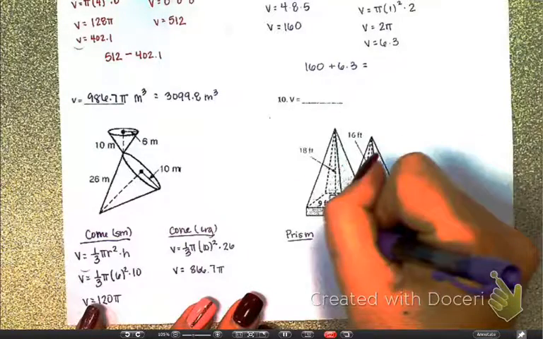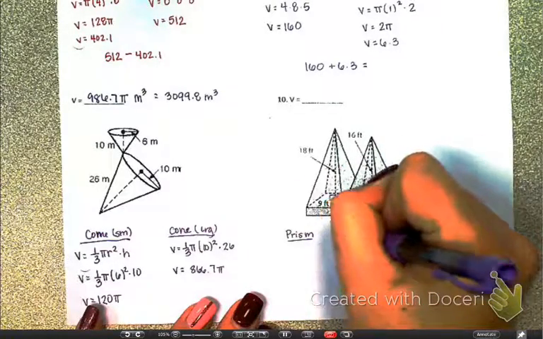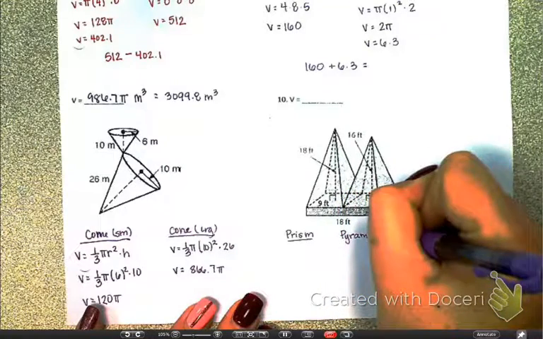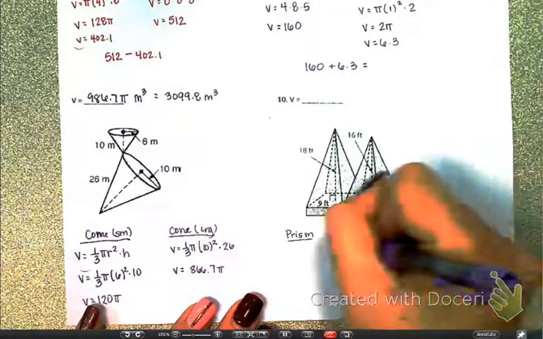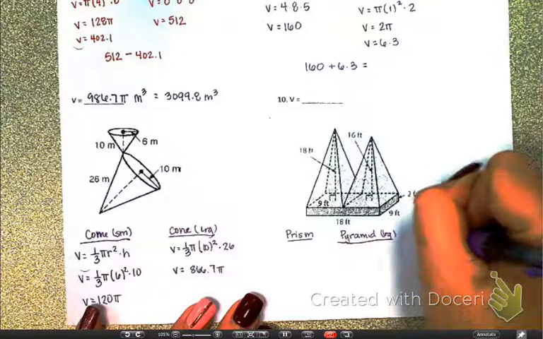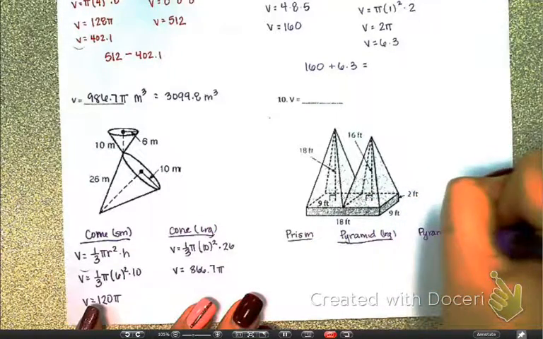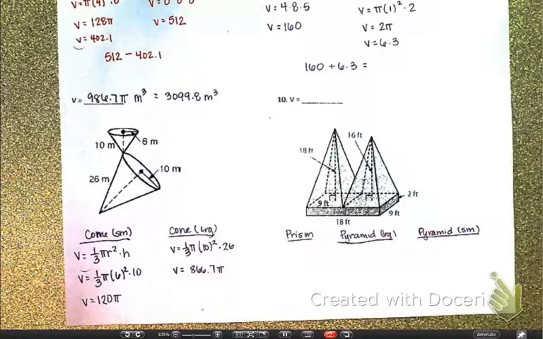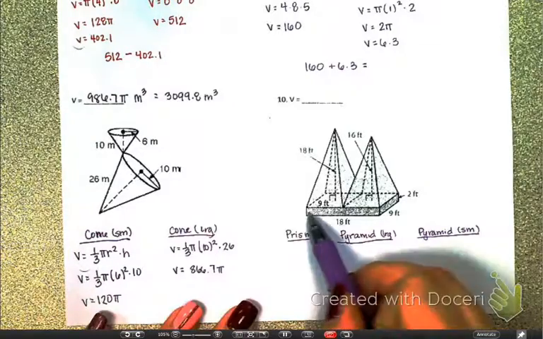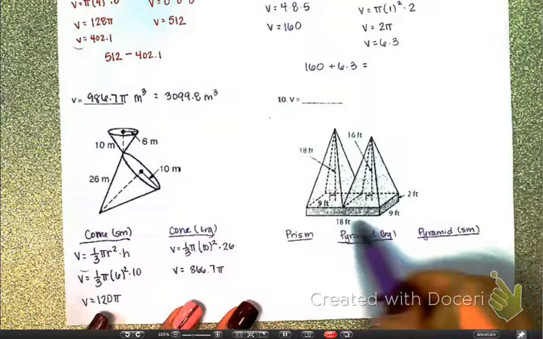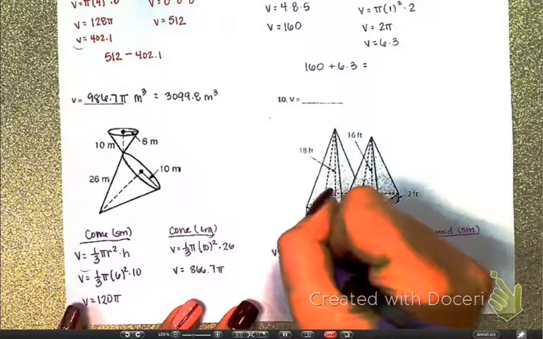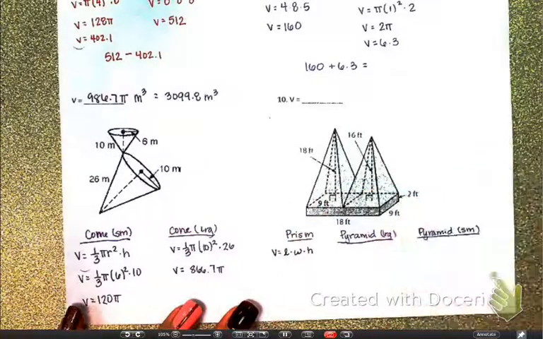We have a larger pyramid, and we have a smaller pyramid. Okay, so the prism is this bottom piece that it's sitting on. Volume of a prism, length times width times height.